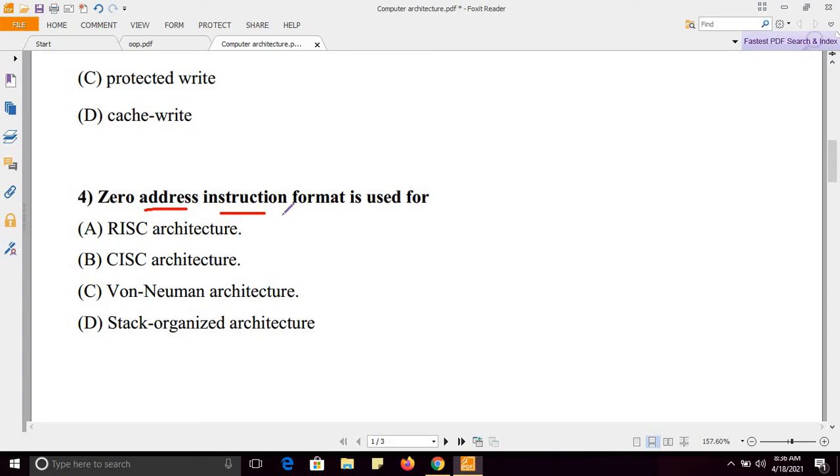Zero address instruction format is used for stack organized architecture.